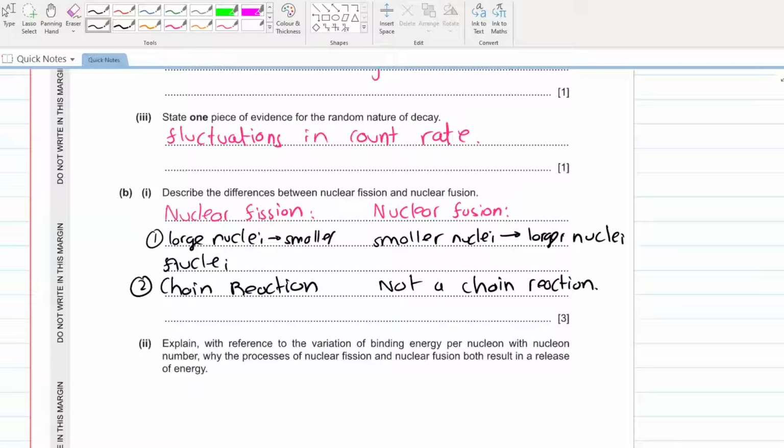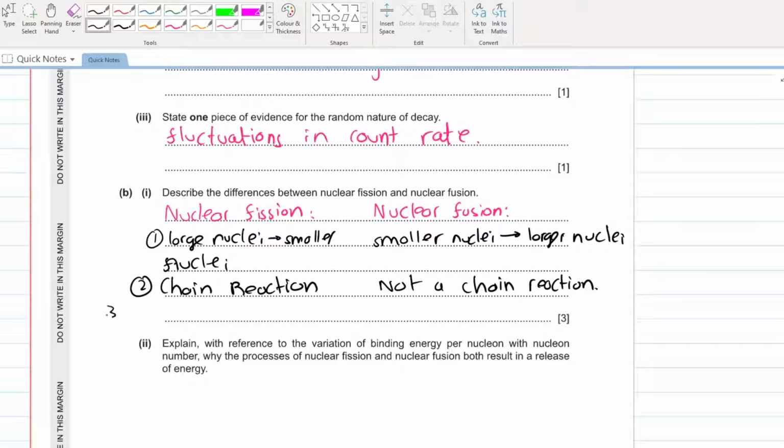Third difference, anyone who can think out of the box? Yes. Fusion usually occurs at higher temperatures, and fission has no such requirement.